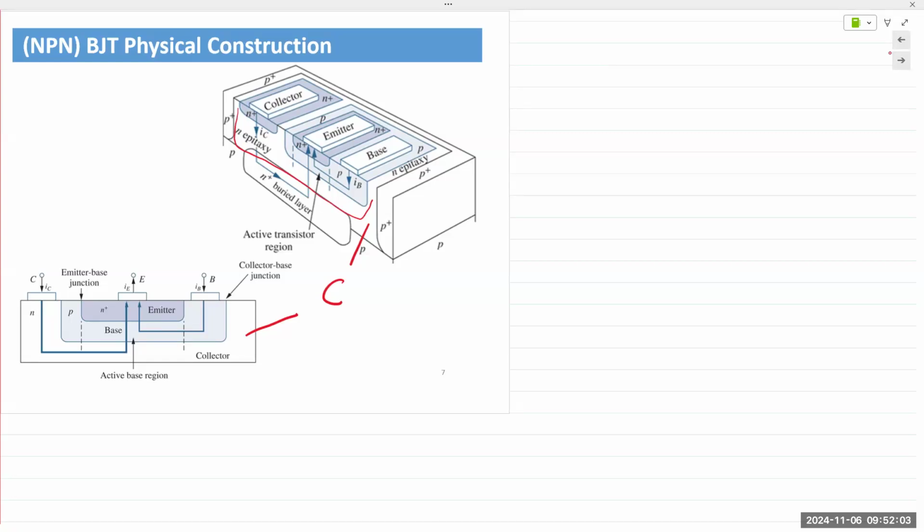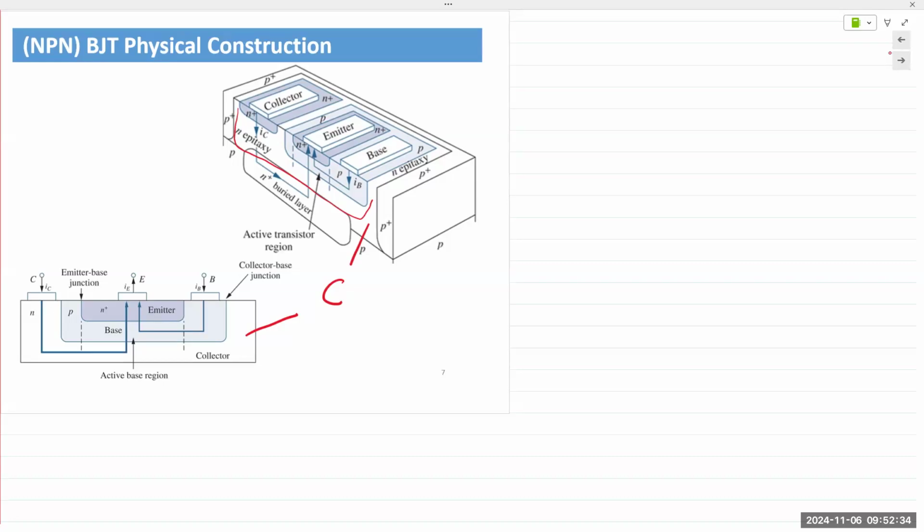The epitaxy refers to the fabrication process, so it's an N-type material created using the epitaxial growth process. Don't worry about that. If you take EE 423 fabrication, that's where you can learn about epitaxial growth of silicon.